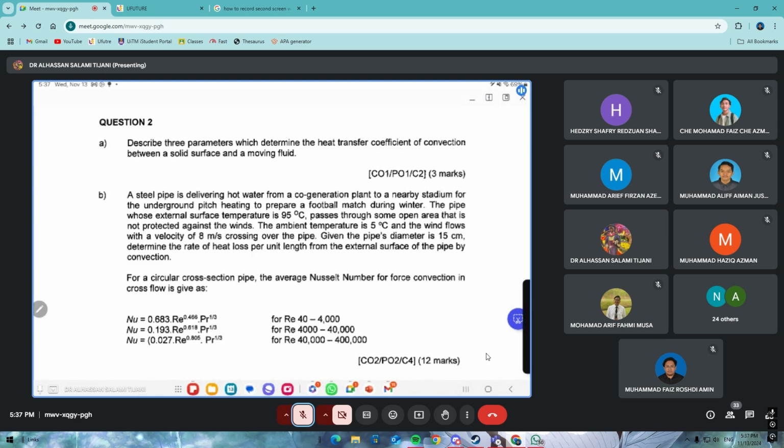What are the three parameters which determine the heat transfer coefficient of convection? Okay, so in other words, they want you to elaborate the dependence of the heat transfer coefficient on its hydrodynamic properties, such as the fluid properties.